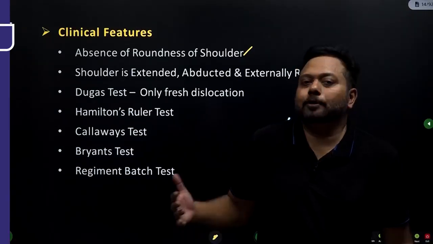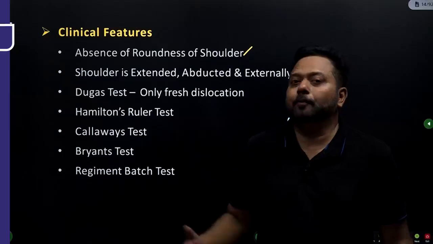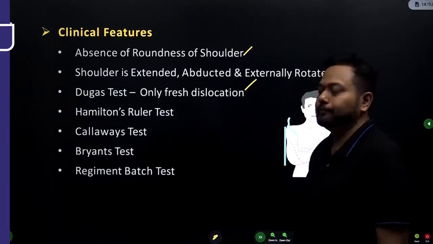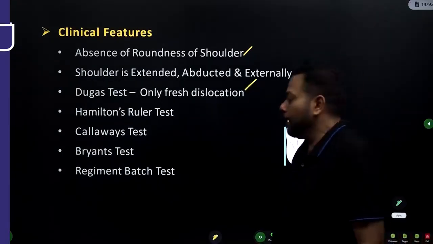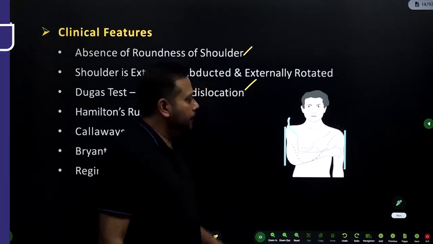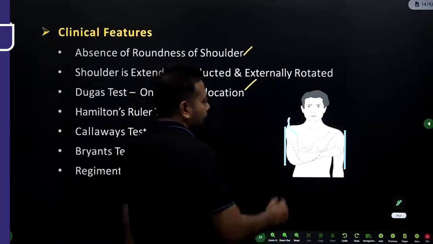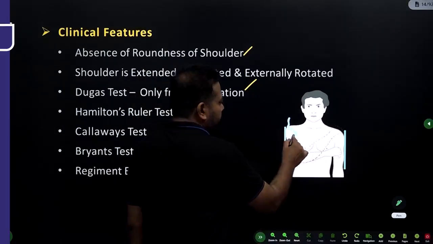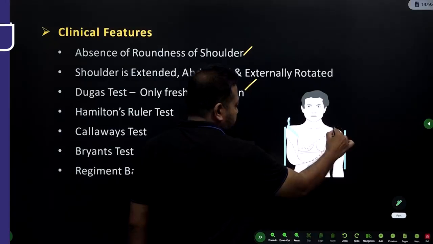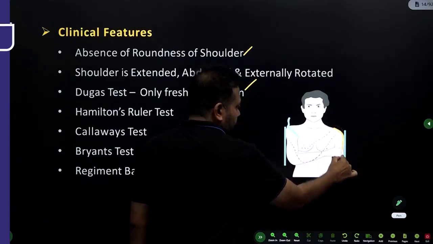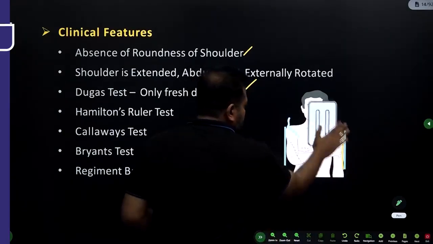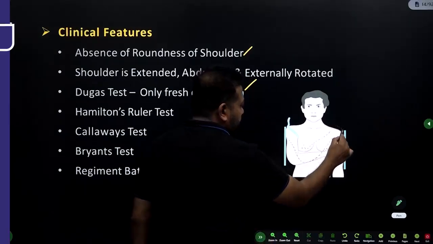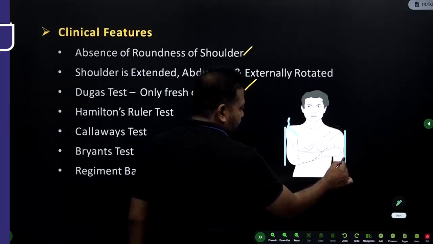When you ask the patient to touch the opposite shoulder, the patient can't. That is called Dugas test. Normally when you keep a ruler, because of the deltoid contour, there will be a gap at the upper end and at the middle when it touches the lateral epicondyle.